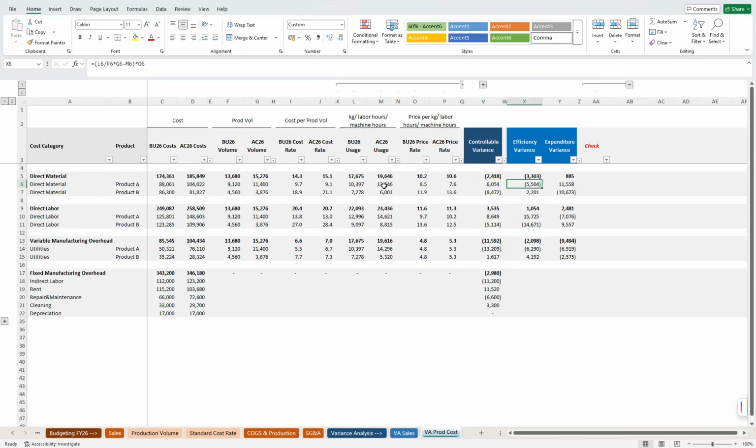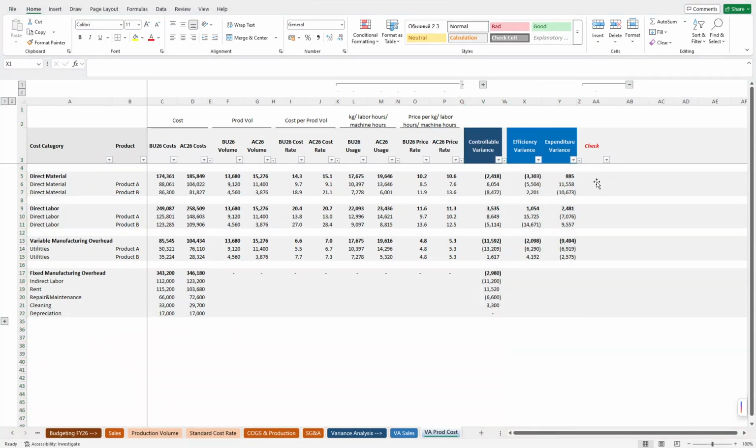We said at the beginning of the lesson that these two are a breakdown of the controllable variance, while you see that we independently calculate these formulas. So we need to check, even if it's a simple check, if the sum of these two gives us the total controllable variance, because at the end of the day, it's the variance that we want to explain by these two drivers, right?